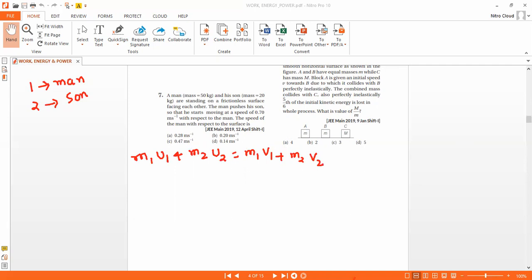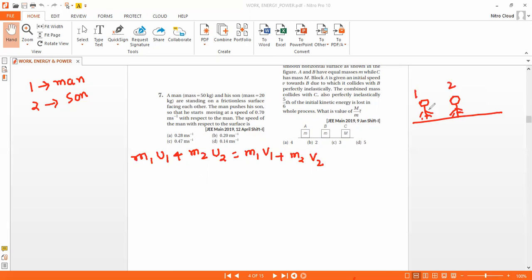Before collision, suppose here I'm having a man, and near to the man the son is there. This is number one, this is number two.